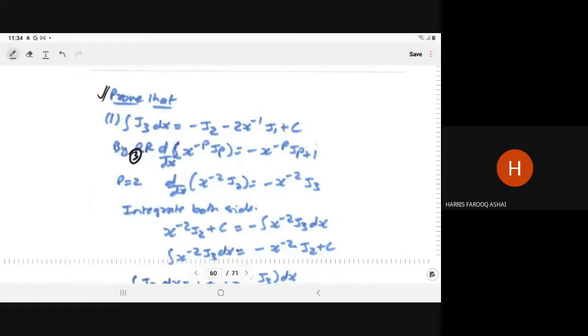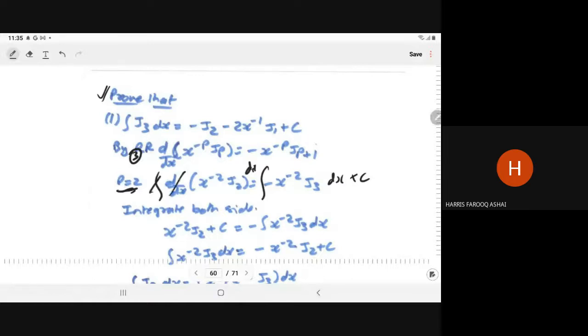In this, when we put p is equal to 2, you will get d/dx of x to the power minus 2 J_2 is equal to minus x to the power minus 2 J_3. So when we integrate with respect to x on both sides, the integration will cancel with the differentiation.